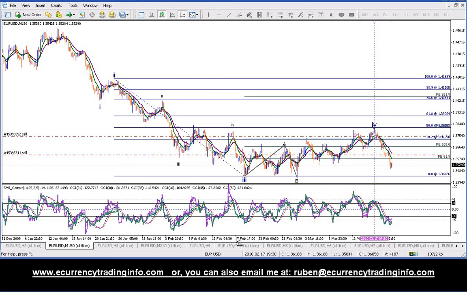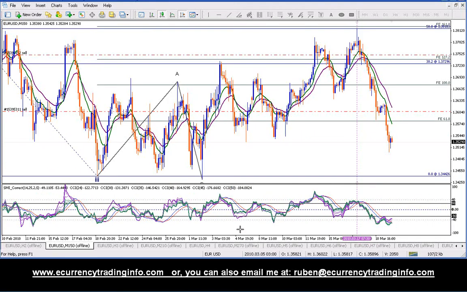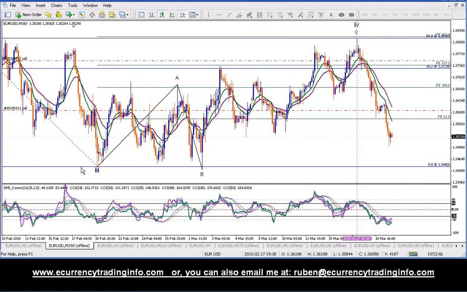Also, if this is the distance that was traveled in wave A, wave C is exactly 161.8% of that, and that makes a cluster here. But once again, this might not be the right count, so let's not get hung up on these details.